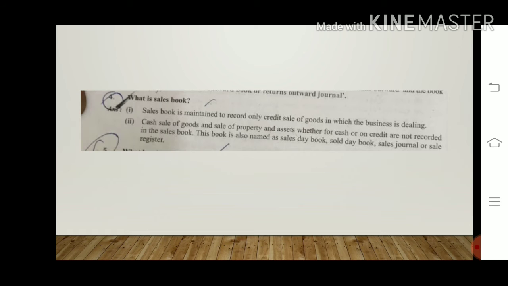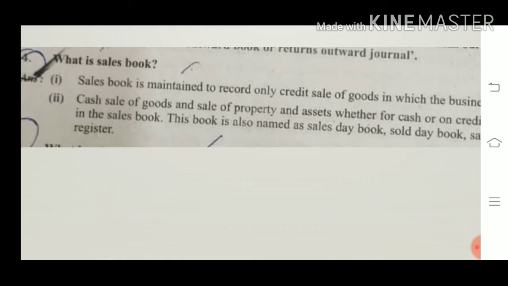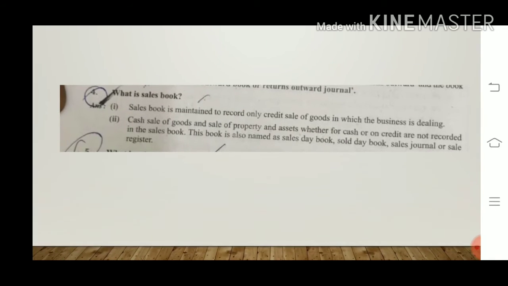Then what is sales book? Sales book is maintained to record only credit sale of goods in which the business is dealing. More or less it is the same as the purchase book.